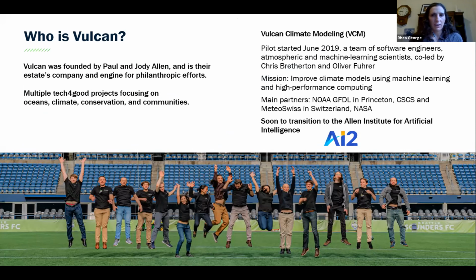We're a team of software engineers, atmospheric scientists, and machine learning scientists, and our goal is to improve climate models using both machine learning techniques and HPC approaches, with the help of several partners: NOAA, MeteoSwiss, NASA. We have lots of people that we're working with to make this a success.